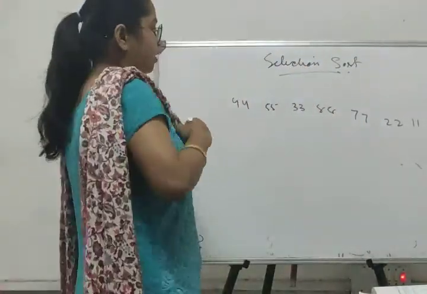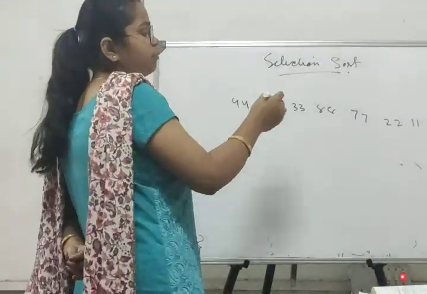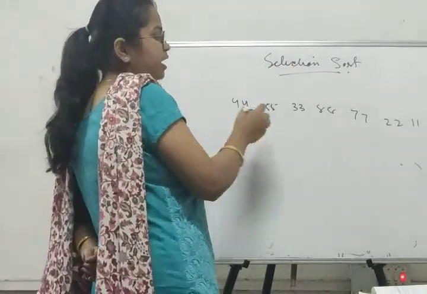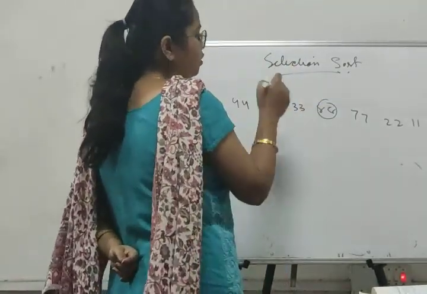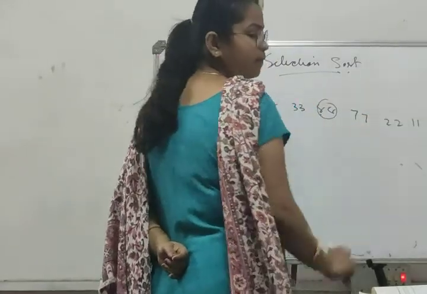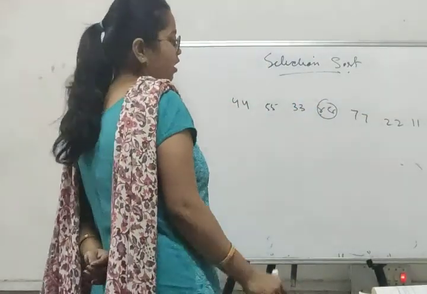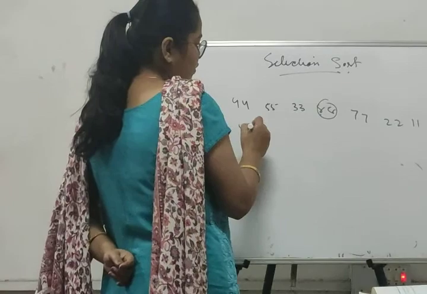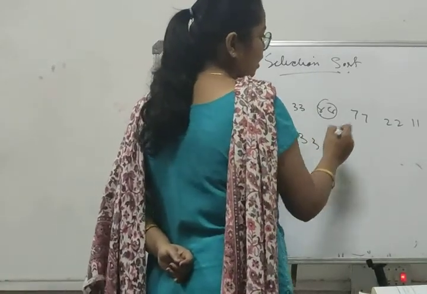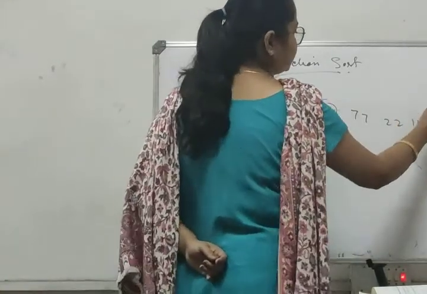So here it selects the highest element and puts it in its right position. What is the highest element? 88. So 88 is supposed to be in the last place. So what will happen is 44, 55, 33, 88 and 66 will be exchanged.